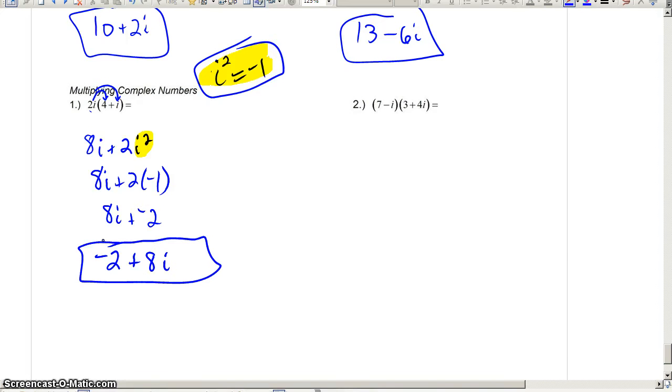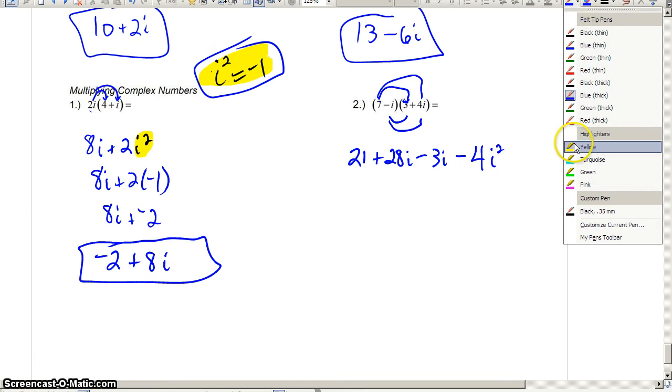Last problem, FOIL. 7 times 3 is 21. 7 times 4i is 28i. Negative i times 3 is a negative 3i. Negative i times 4i is a negative 4i squared. But here we go again.